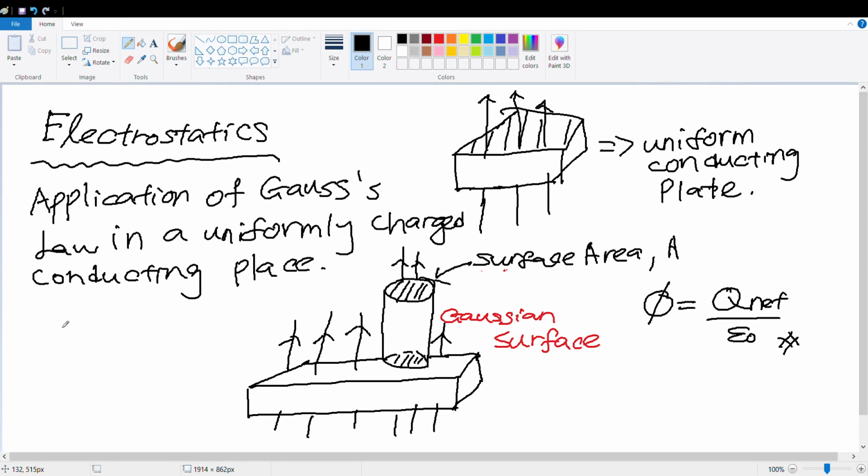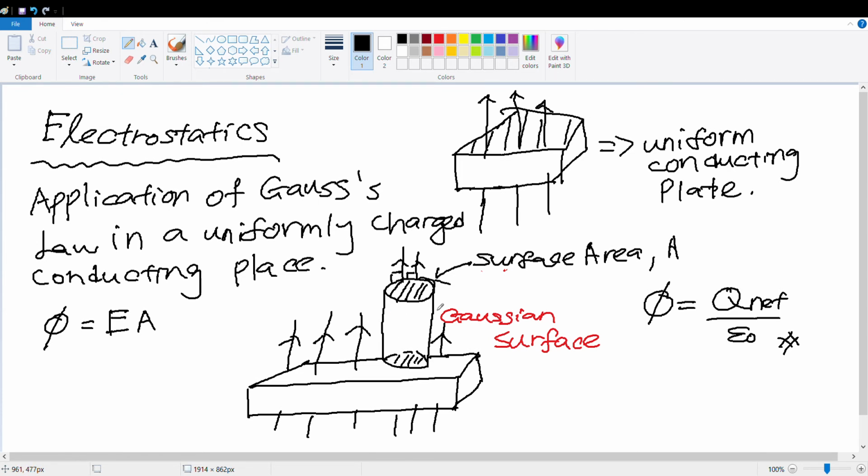As for the second expression, since the electric field is perpendicular to the surface area, what we have is the electric field multiplied by the surface area of the Gaussian surface.